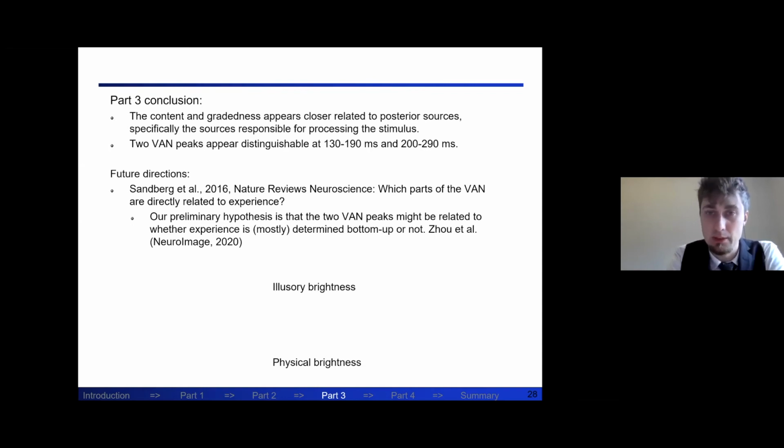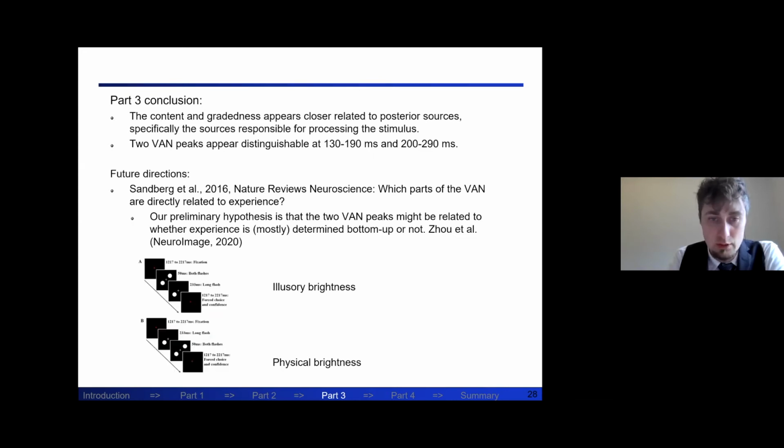Following up on that, it's been surprising to us that in some experiments it seems the earlier time window is more closely related to experience, and in some it's maybe the later time window. So we've been examining that in a paper by a former shared PhD student, Hao Zhou, that came out this year in Neuroimage.